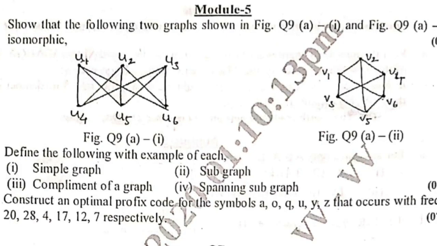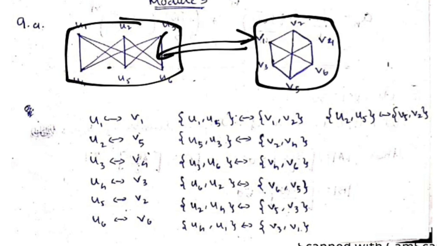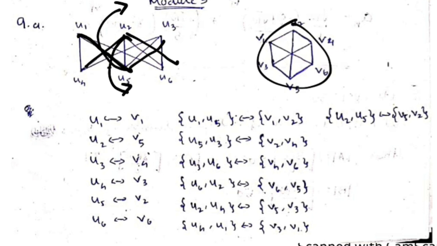The next one is to find that the two graphs are isomorphic. Okay, so in isomorphism, for isomorphism you need to get a bit more imaginative, because in your mind you have to correspond this figure with this figure. Okay, so in this image you can see that this one, if it is taken up here, and this one if it is taken down here, you will be with this image, right?